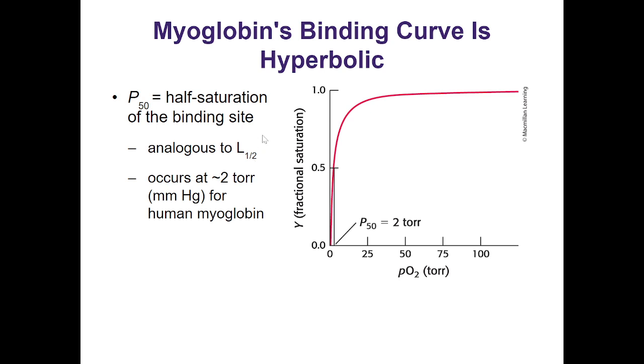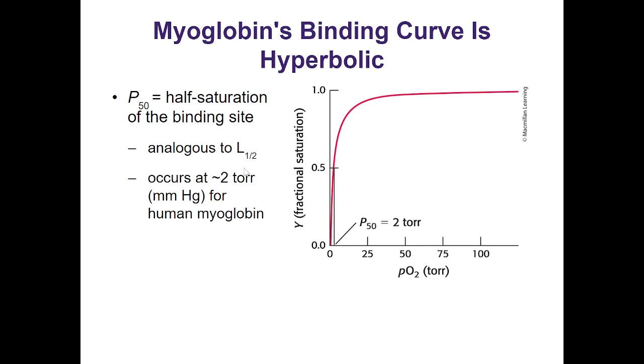This should be L50 because it's out of 100%, and this should be P1/2. They got this wrong, didn't they? Never thought about it. But anyway, you get it: P50 is the pressure at which 50% of your binding sites are filled.